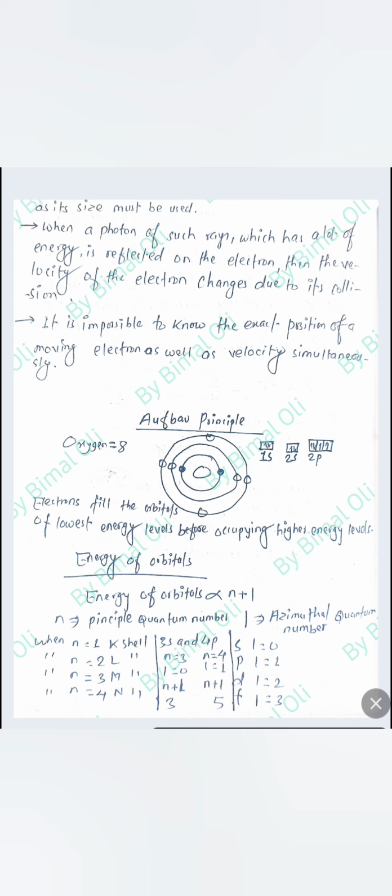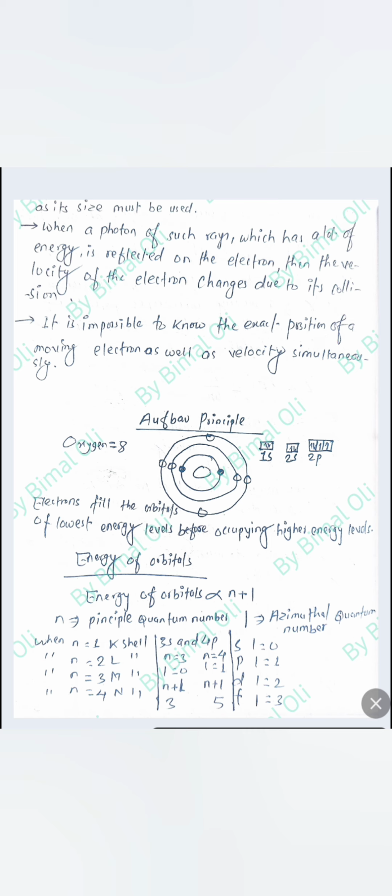And when we use high energy X-rays, the velocity of the electron gets disturbed. So it is not possible to know the exact position of a moving electron as well as its velocity simultaneously.